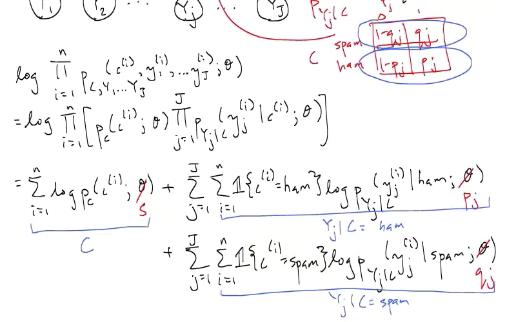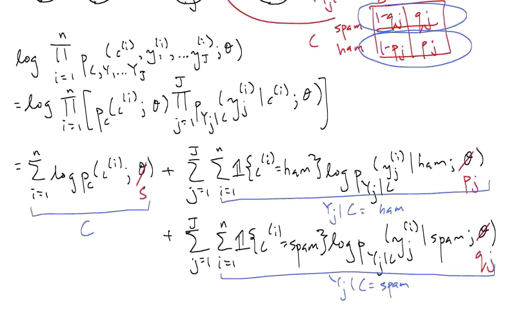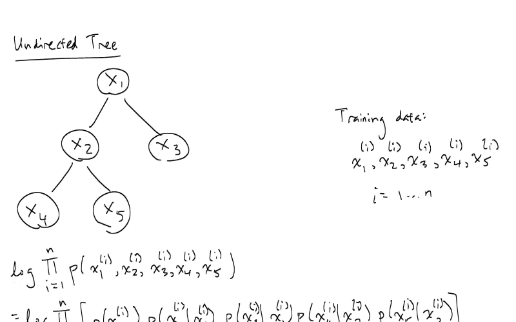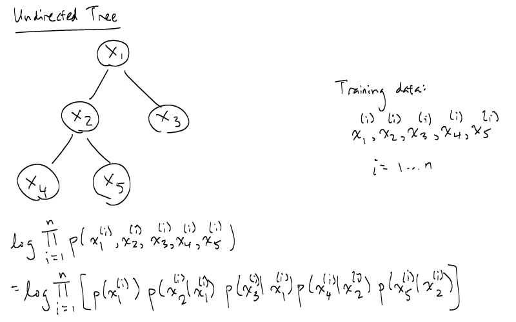Now let's look at the more general case of undirected trees, where we begin with this tree we've seen before. In the general setup, we would have a tree like this, and we have training data.